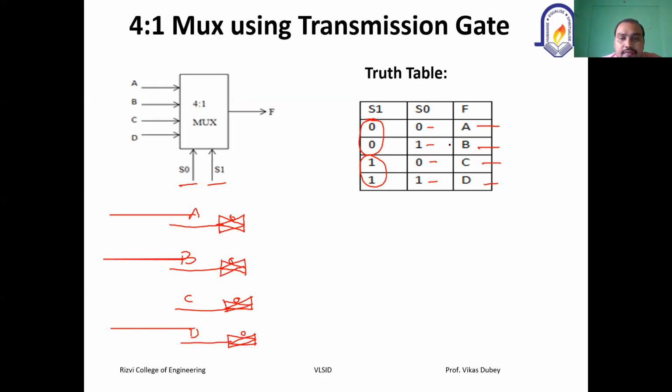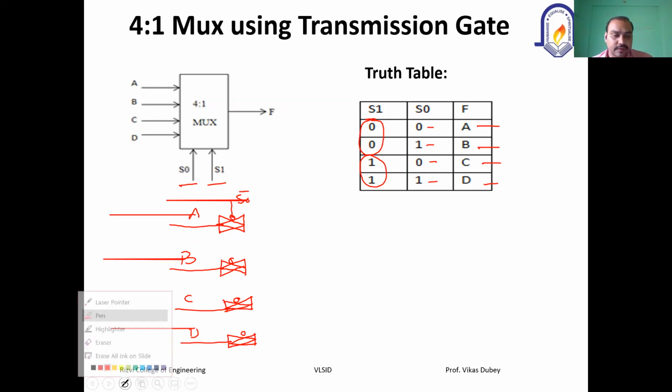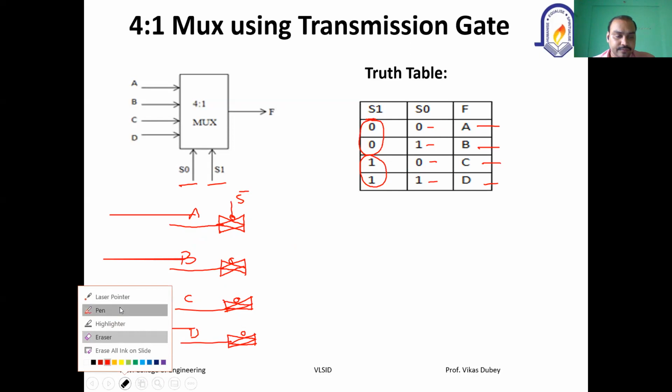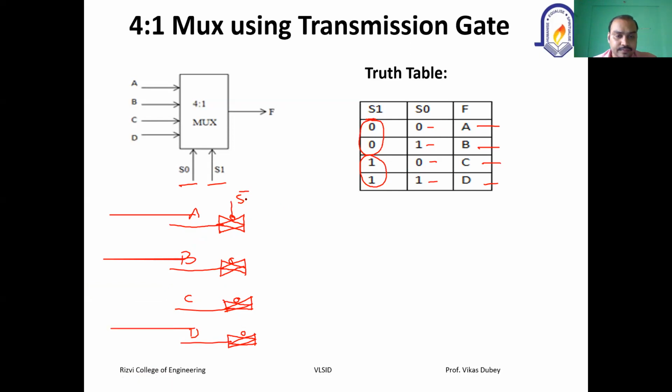So you know A will be connected to S0. So here you'll simply have S0, and S0 bar will come here. Correct. No problem there, so you just delete it. Here it should be S0 bar. And here also it is complementing.